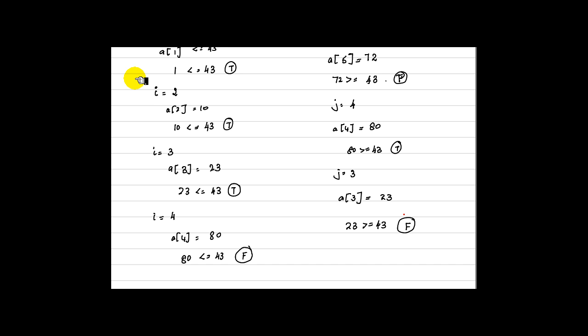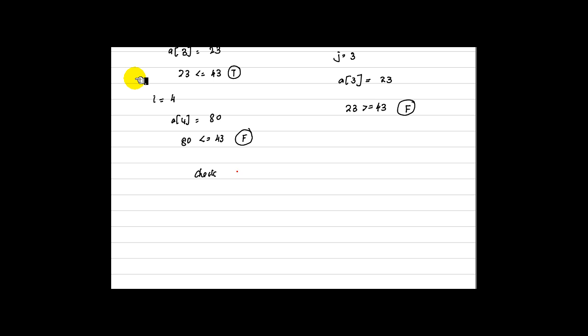The condition fails. Hence it checks whether i is less than j. The value of i is 4 and j is 3, so the condition fails. When the condition fails, it swaps the pivot and a of j. Our pivot element is 43 and a of j is 23, so it swaps places between 43 and 23.